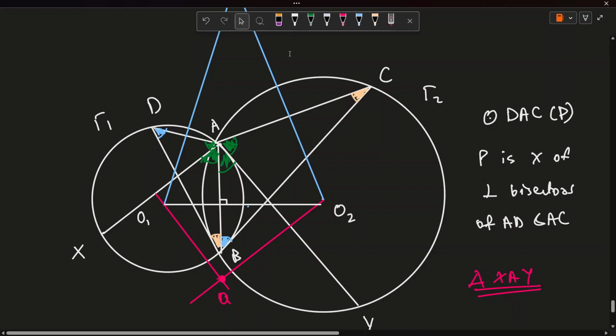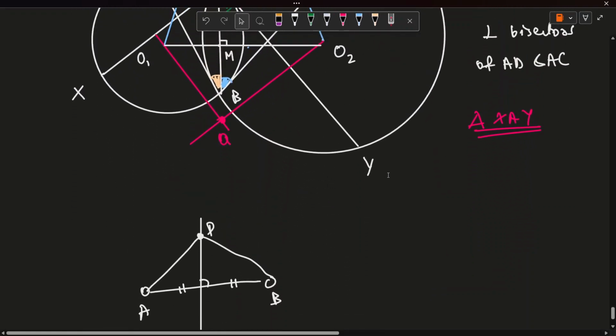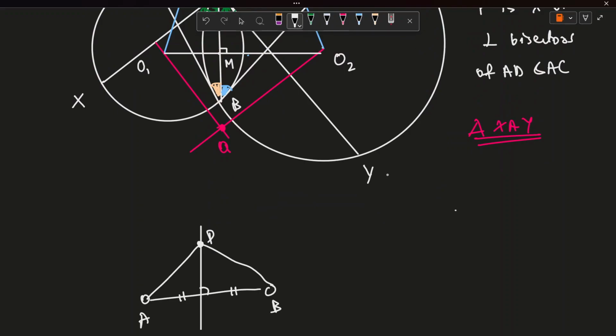And now, notice that if we consider this small quadrilateral here, this is a cyclic quadrilateral. Let me mark some points before that. Suppose we mark this point as L, and this point as M. So if we draw ALO1M, it looks something like this.